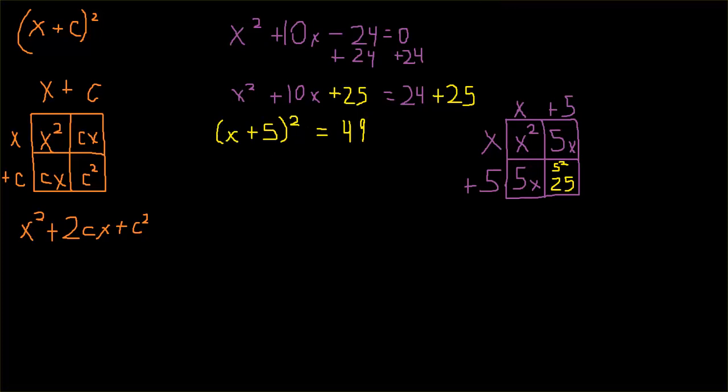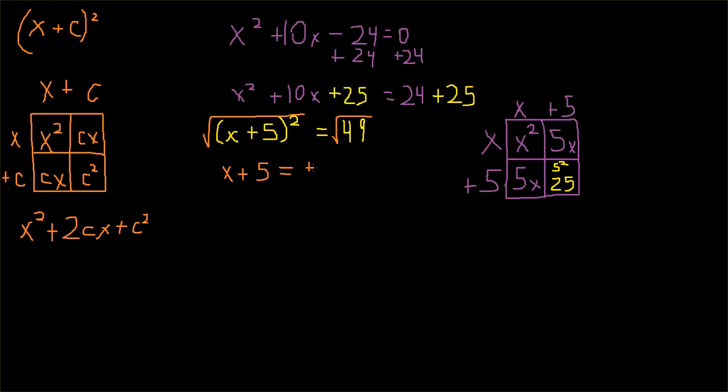The easiest thing that I can think of, using my knowledge of inverse operations, is that I want to get rid of the squared. And the best way to do that is by taking the square root of both sides. So I'm left with x plus 5 equals the square root of 49.